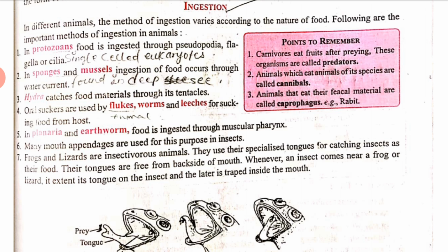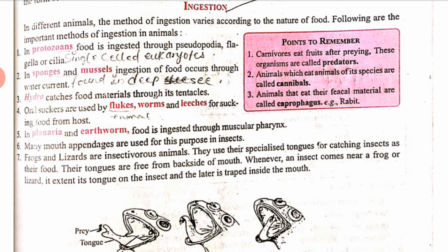Hydra catches food material through its tentacles. Next is the oral sucker, used by flukes, worms and leeches. These take food by sucking from the host. Next we have planaria and earthworm. They ingest food through the muscular pharynx.